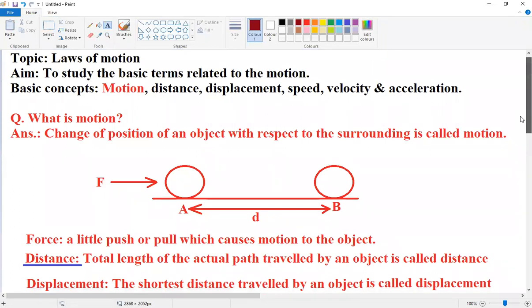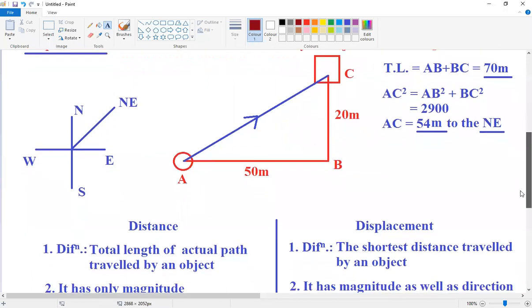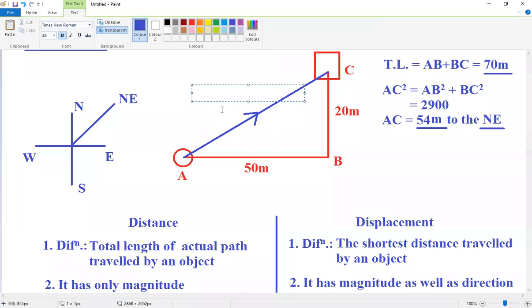Have you taken a screenshot of this? Please take a screenshot of this. Take a screenshot of this as well. So here we will write displacement, and in red color we will write distance.